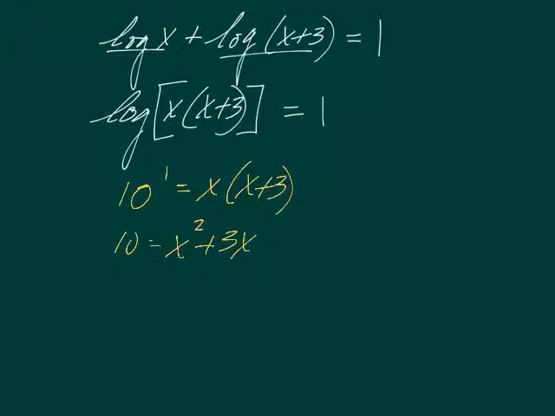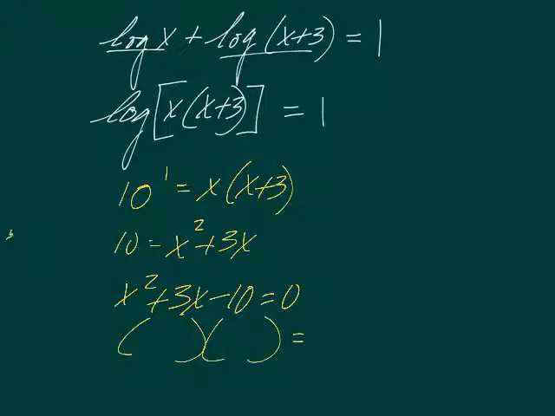Then I write x squared plus 3x minus 10 equals 0. And I can do that. I can break that down into 2 binomials because I've got an x and a 5 and a 2, a positive and a negative. So my x is going to be negative 5, and it's also going to be 2.